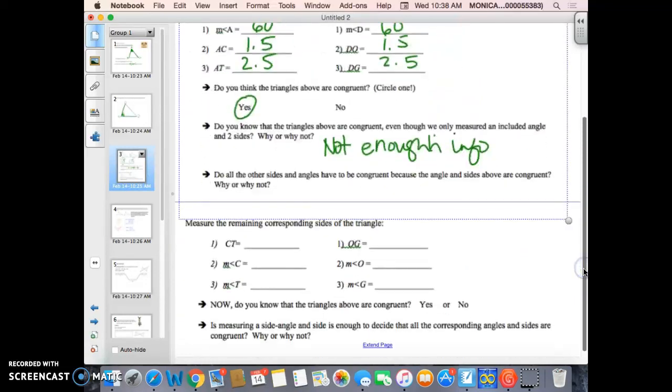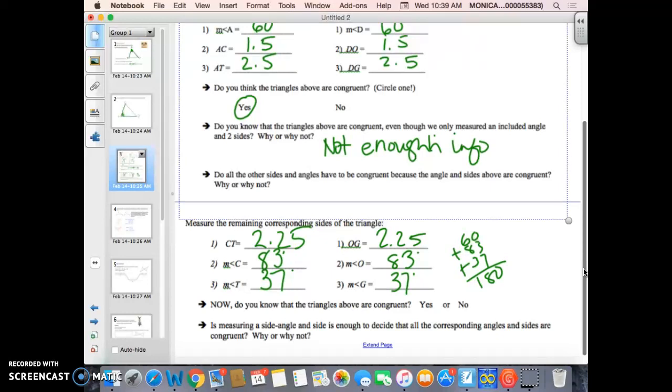So if you continue the exercise, if you measured CT, I got it to be 2.25. The measure of angle C was 83, and then I got 37 degrees. Now again, these might be a little bit off because it depends on how well you can read the protractor. But just know that 60 plus 83 plus 37 has to equal 180 degrees because there are 180 degrees in a triangle.